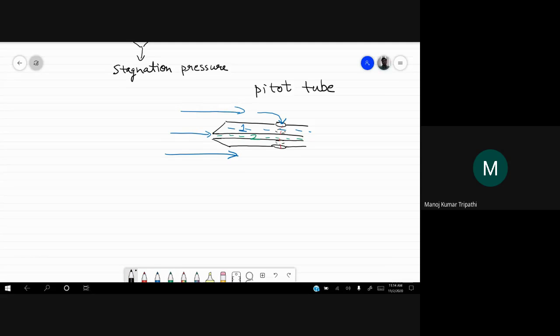And now you can connect these two so that you have this one, and then there is a third liquid filled in here.